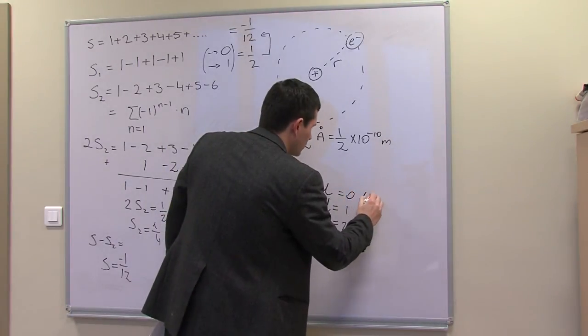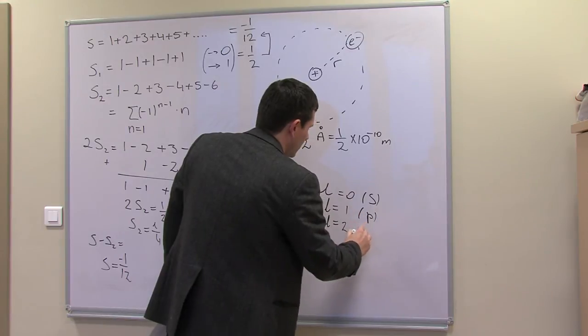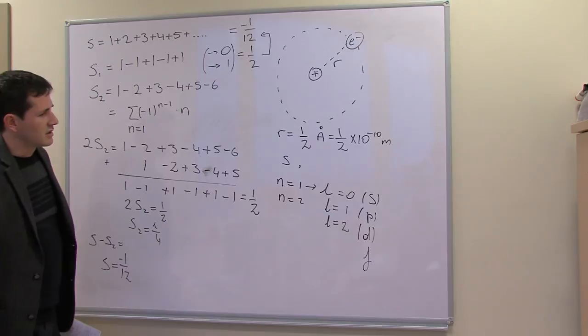When L is equal to 0, this is the s electron. When L is equal to 1, this is the p electron, then d, and it goes on with f and so on.